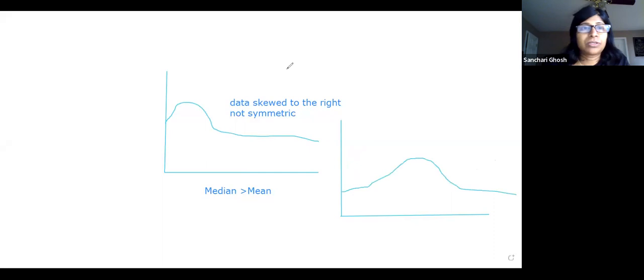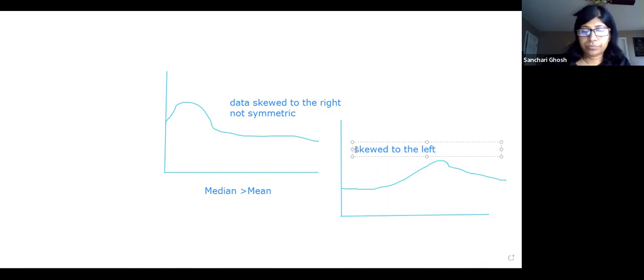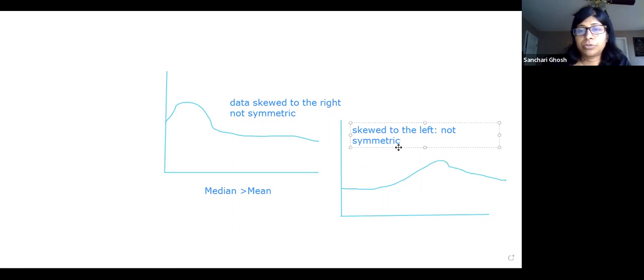It becomes more symmetric. Move to the left. More symmetry. Symmetrical means everything is kind of balanced together, as you can see in a bell-shaped distribution.